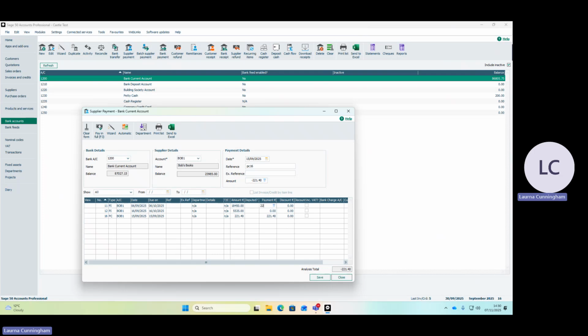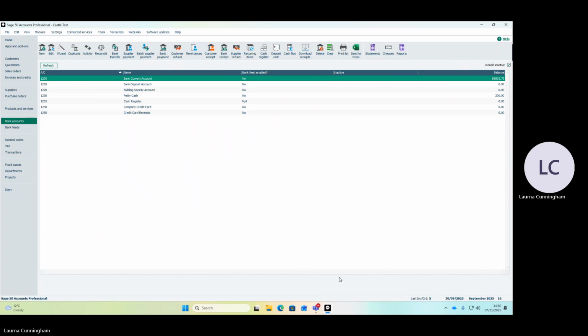I go to one of the other lines and I pop in the same amount and save. Okay, so you have to go to the line receipted or payment for the amount of the value of the credit note, and then allocate it against one of the outstanding invoices and save.